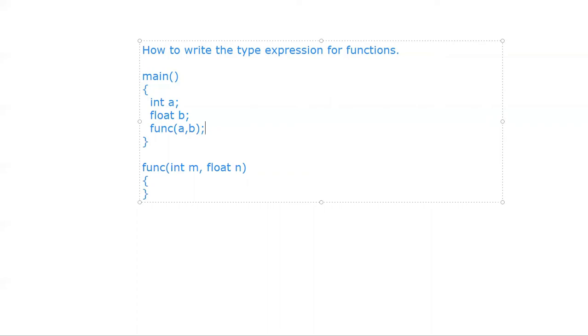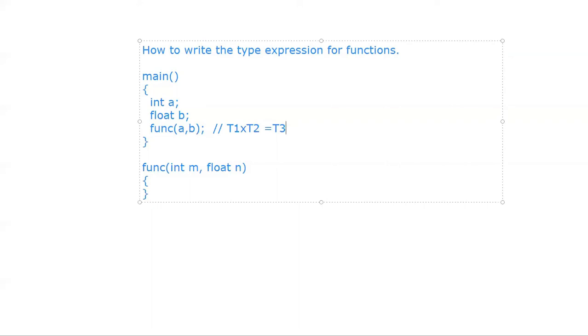So for this line where you are passing the parameters, your type expression will be t1 into t2. What is the meaning of that? The type expression of parameter 1, a, and the type expression for parameter 2. It is not a multiplication sign; it is a representation that you have passed two parameters, where the first parameter is represented by type expression t1 and the second parameter by type expression t2, right?